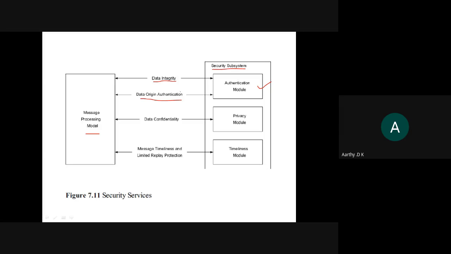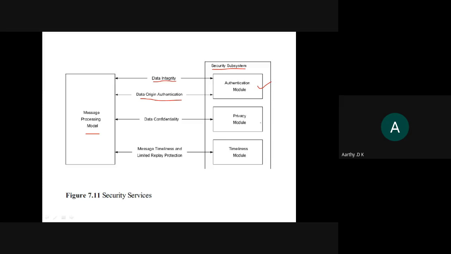That will tell you whether the message you receive is from the original person or not. Suppose it is tampered with in between, then you can check the origin ID of that particular data. If it is changed, it means you are not getting the data from the original person. That is masquerade. So the message you have received is not from the authenticated user.